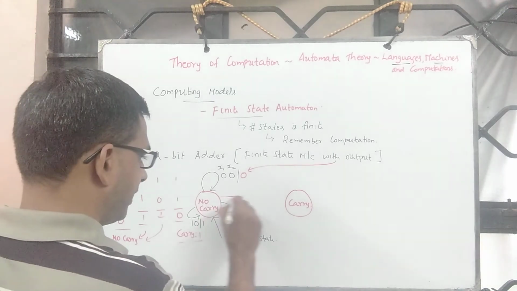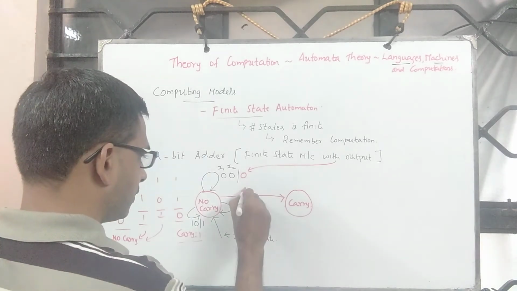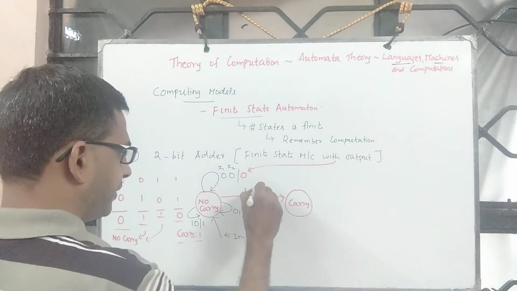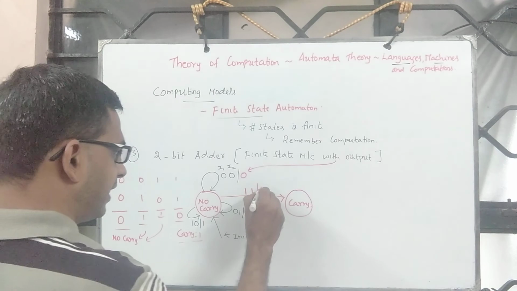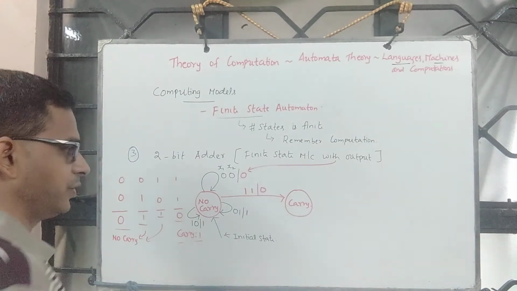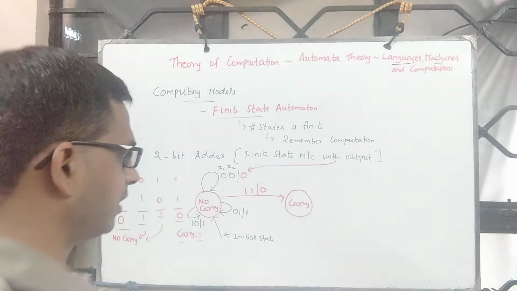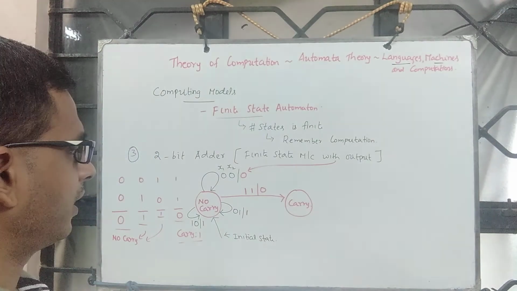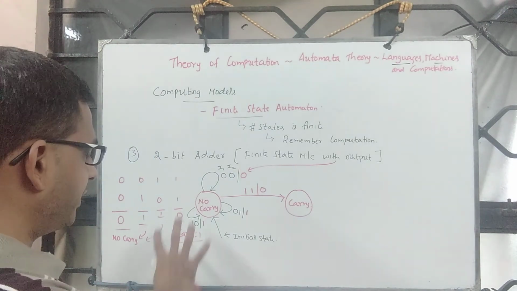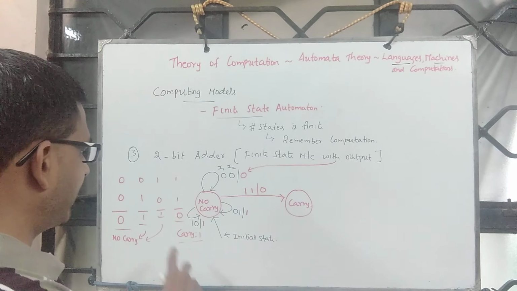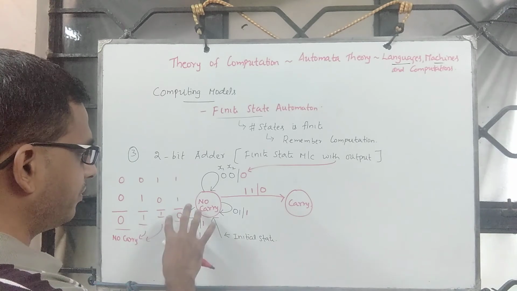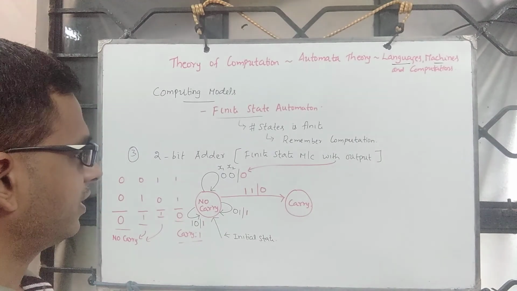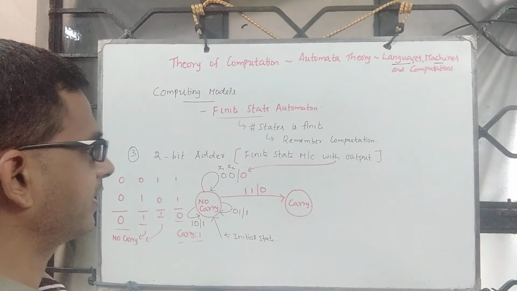But when the input is 1, 1, now what do you get? You get to see that the sum is 0 and you go to this state. Okay, so this is a simple description where you move from this state to this state, and this is precisely what happens.